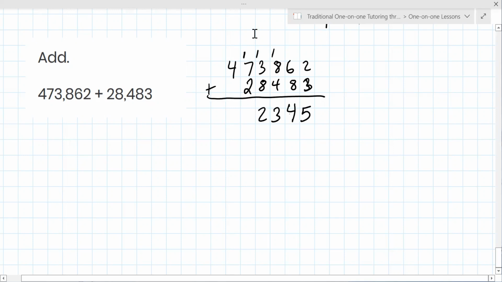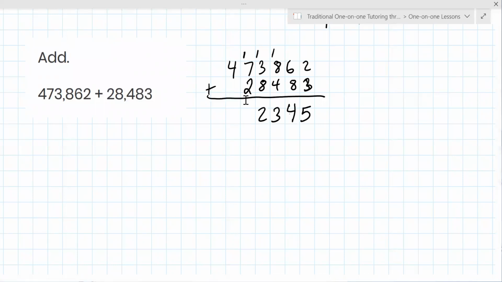So now we're looking at the next one here. 1 plus 7 plus 2. 9. Try again. 1 plus 7 plus 2. 10.